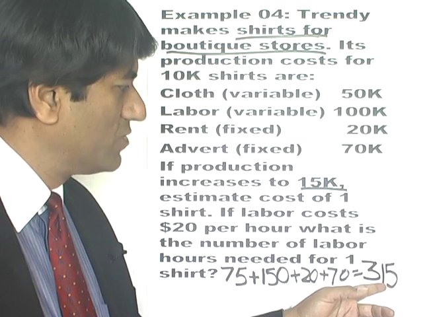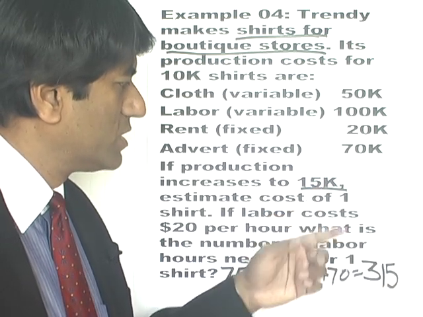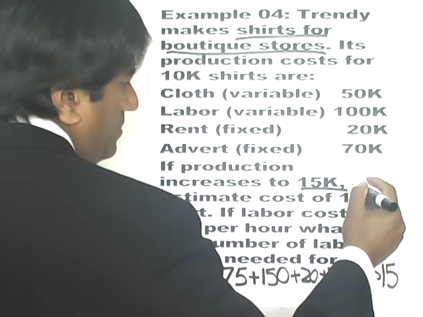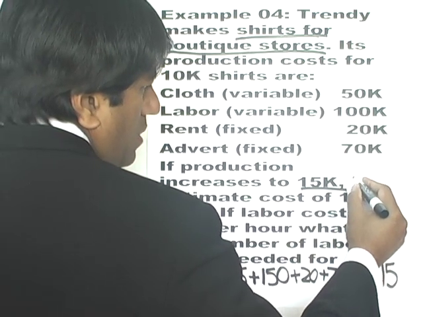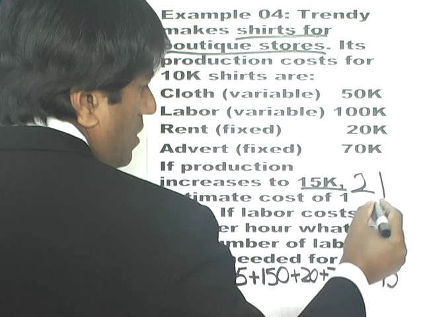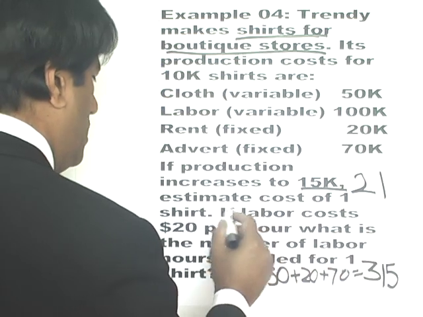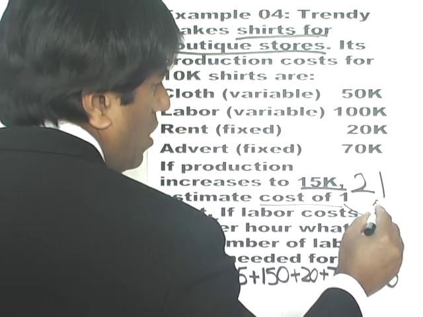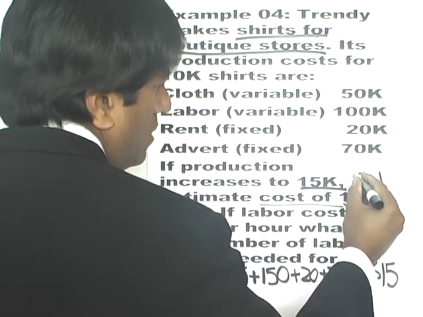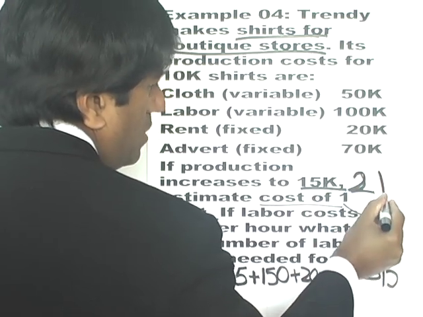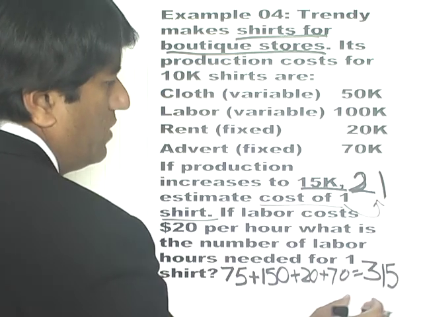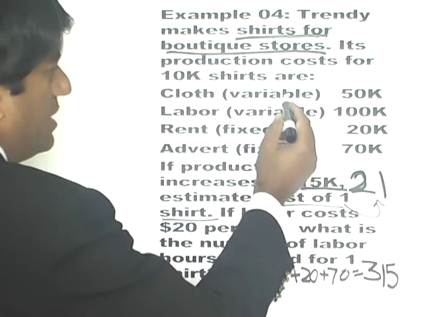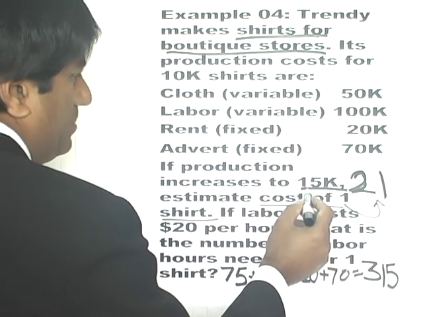So 315,000 divided by 15,000, or that is going to be 21. So the cost of producing one shirt is going to be $21. That's the total cost of 315 divided by the number of units being produced, which is 15K.